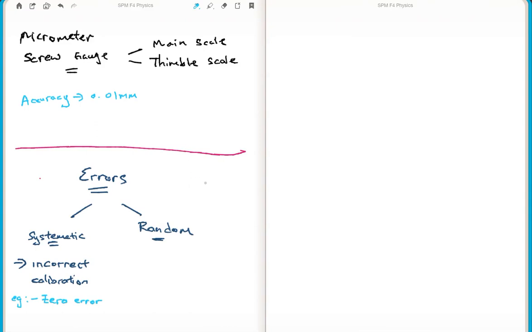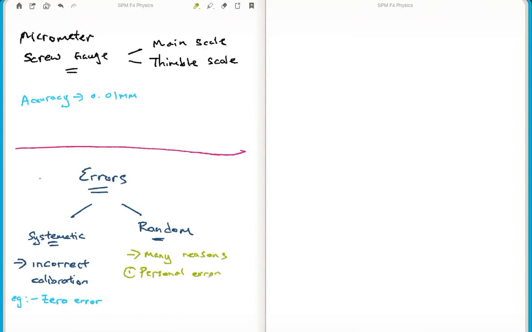So the next one we call random error. Now, random error, there are a variety of reasons, many reasons. Personal error, first one, maybe personal. What is personal error?